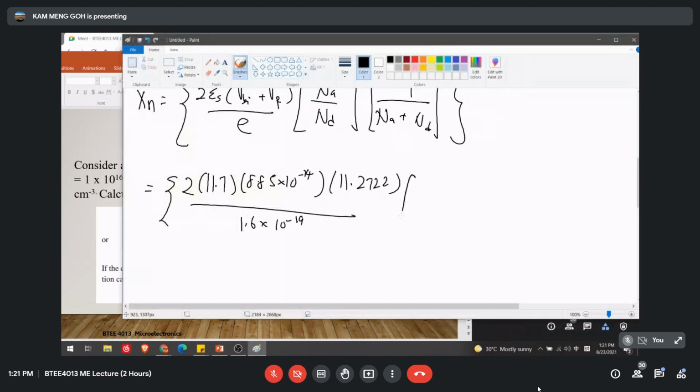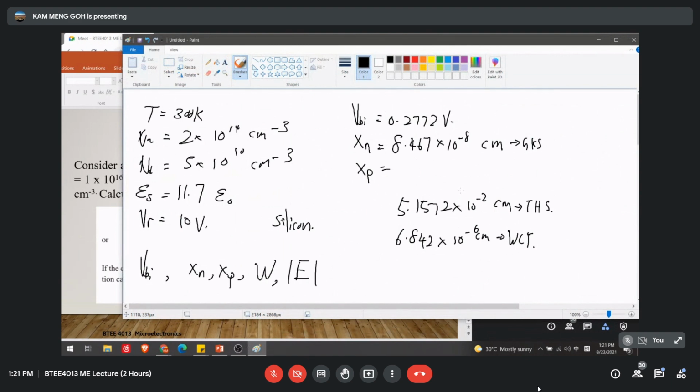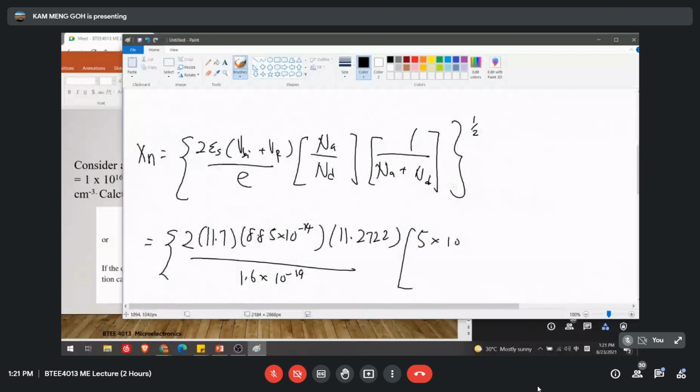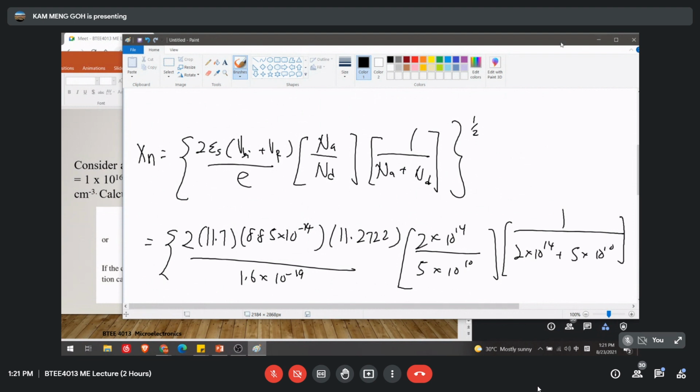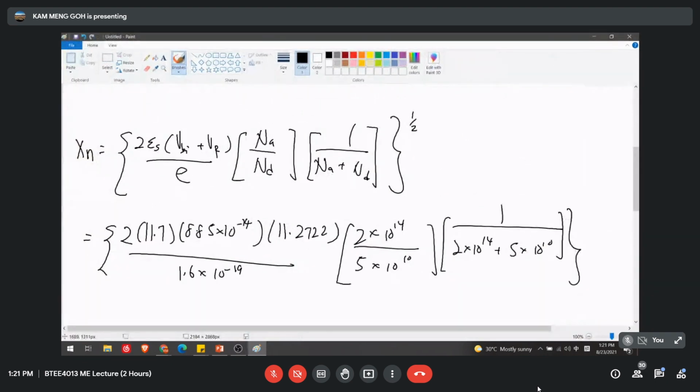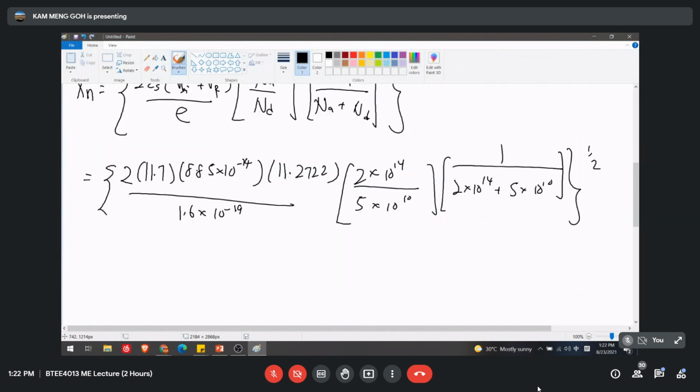And NA and ND are given here: NA is 2 times 10 to the power 14 and ND is 5 times 10 to the power 10. Then continue doing the addition. So this is a very huge equation. Okay. So let's calculate.